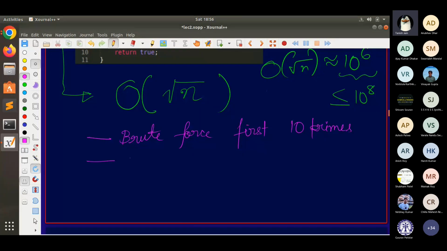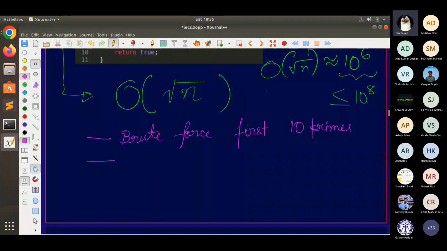Then for any integer greater than the last prime number here, we check if the number is divisible by any of these 10 primes. So for example, if you're given an integer like 67, then you check if 67 is divisible by any of these, right? Yes. Well, actually, I was thinking of something like we start from the integer next after this last prime.